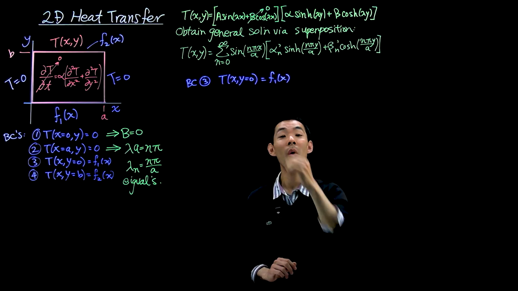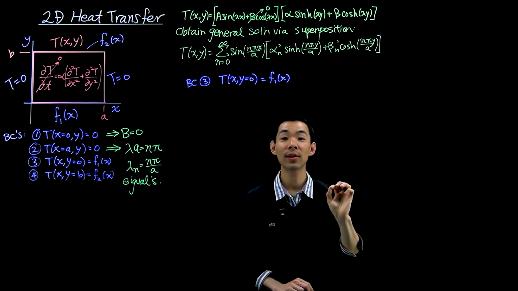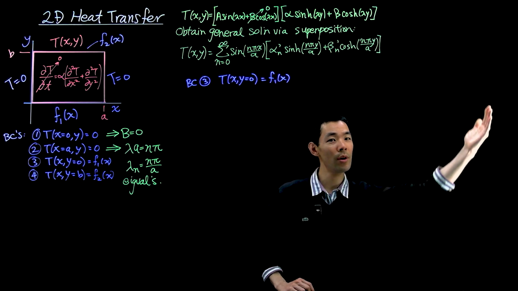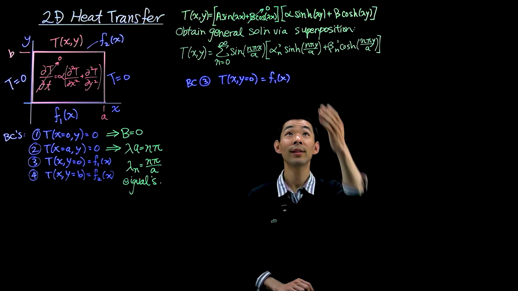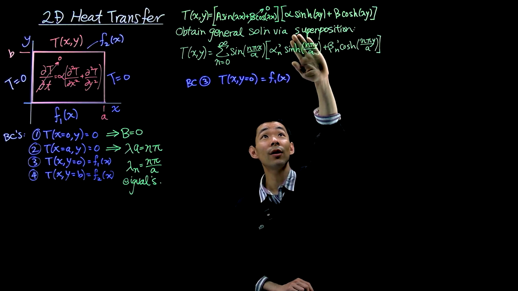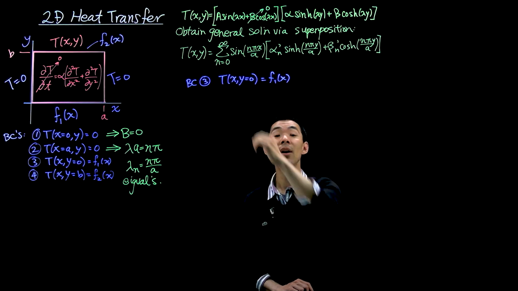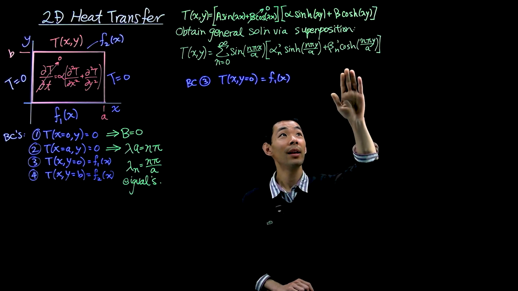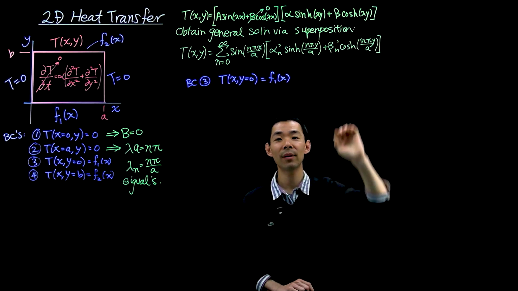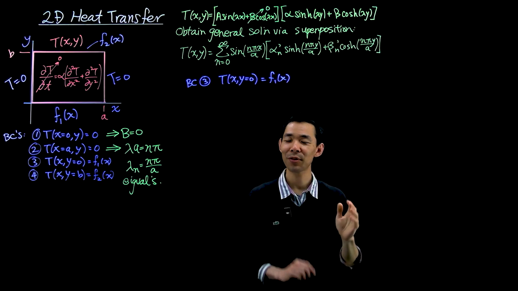If we plug in y equal to 0, the sinh function goes to 0. Remember, it has a curve that looks like this, goes through the origin, and then goes up. Therefore, sinh at 0 is equal to 0. So this entire alpha prime n sinh term completely dies at y equal to 0. In contrast, cosh of 0 equals 1. So it's purely convenience.